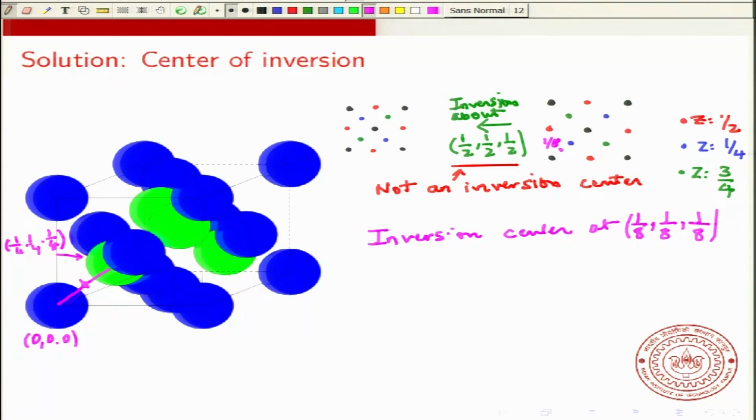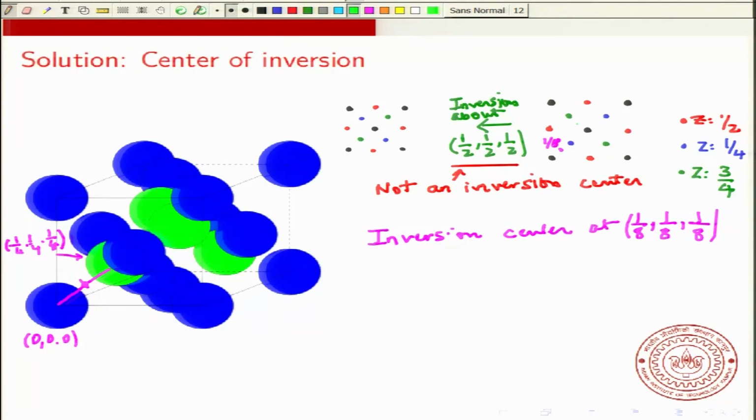Again, inversion is not a very easy operation to visualize. However, you can easily extend the unit cell and see this. Now again there are several other inversion centers. If this is an inversion center, you could have inversion centers at midpoints of all these atoms.